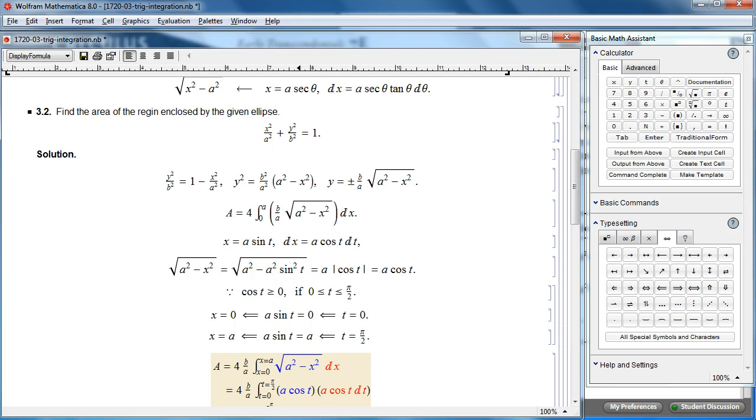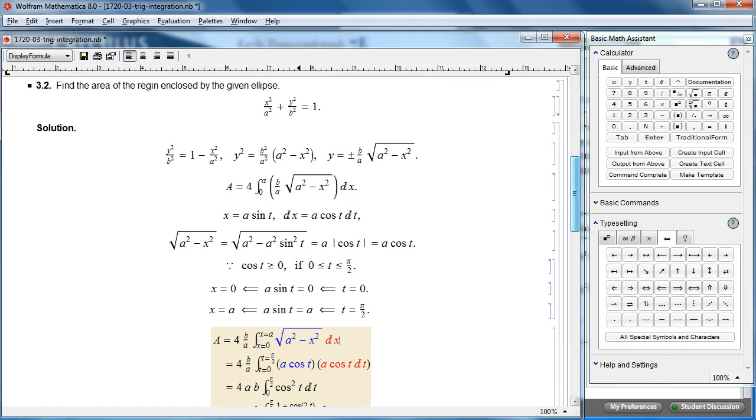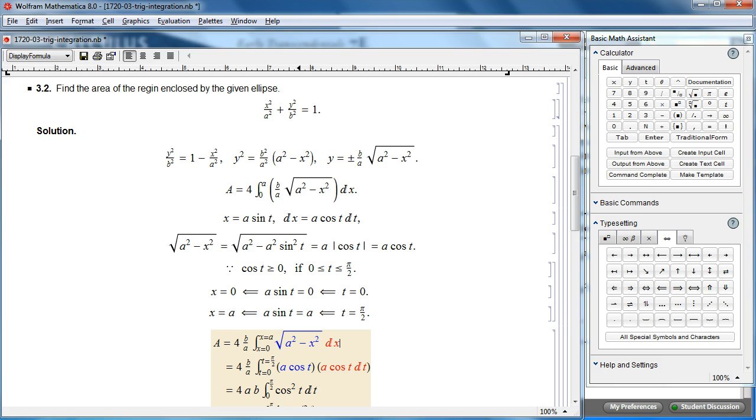Cosine function is positive. And dx is a cosine of t dt by derivative computation, yes. And what we have is just a t integral, which can be simplified like this. A squared is multiplied into this b over a, so we have a times b, and cosine squared.